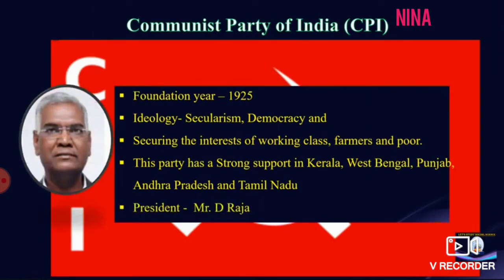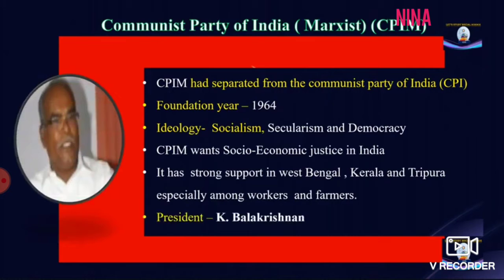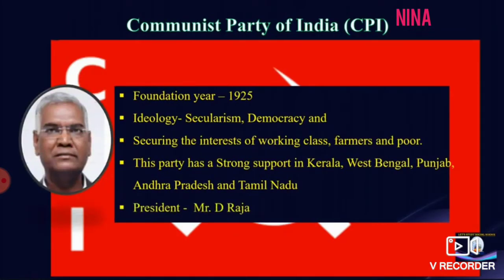Now the next one we are moving on to is the Communist Party of India or the CPI. This CPI is different from CPIM. It was founded in the year 1925. Their ideologies are similar to CPIM as well as the Congress Party, that is secularism, democracy, and securing the interests of the working class, especially farmers and poor people.